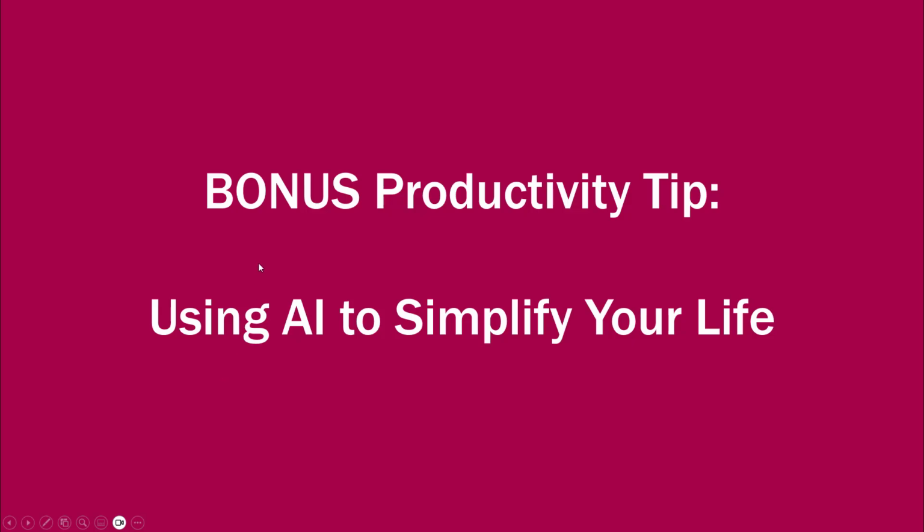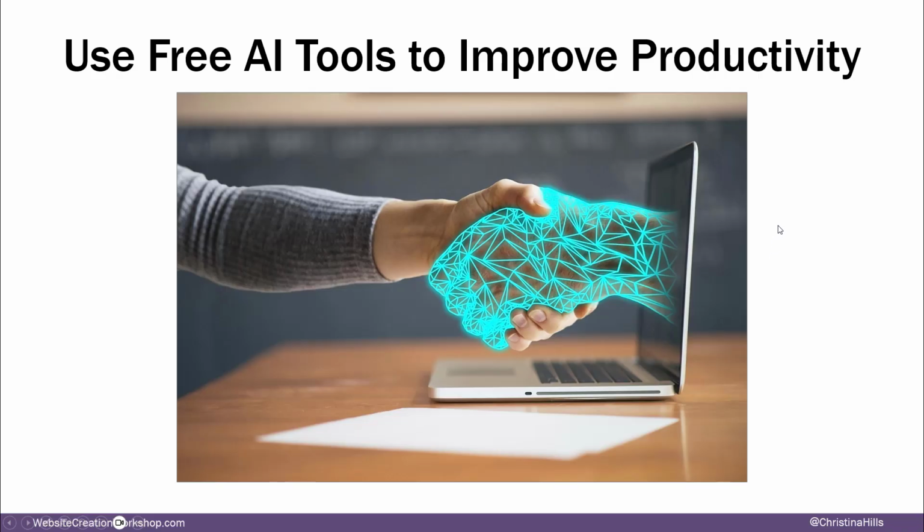Now, I wouldn't be complete if I didn't mention AI. Okay, so I'm going to just mention AI just a little bit here. Use free AI tools to improve your productivity. Now, I don't use AI a lot because I haven't found a strong need to use it.